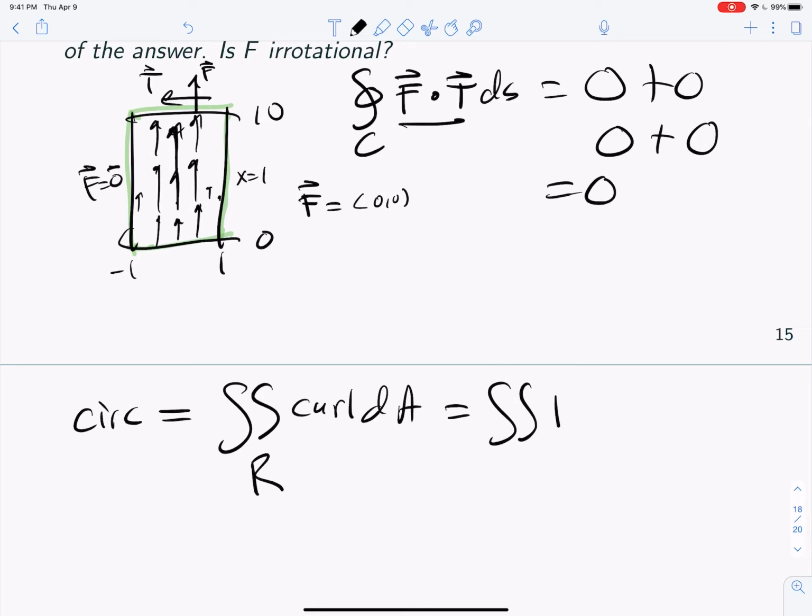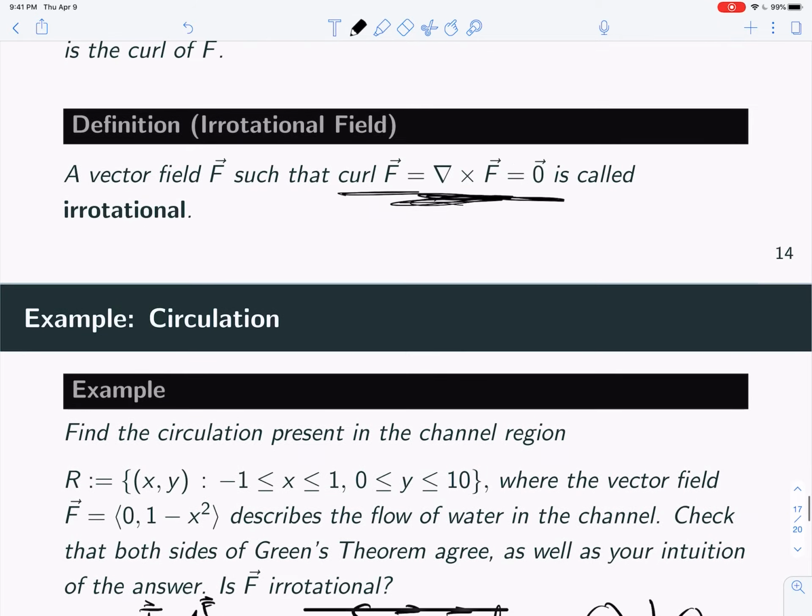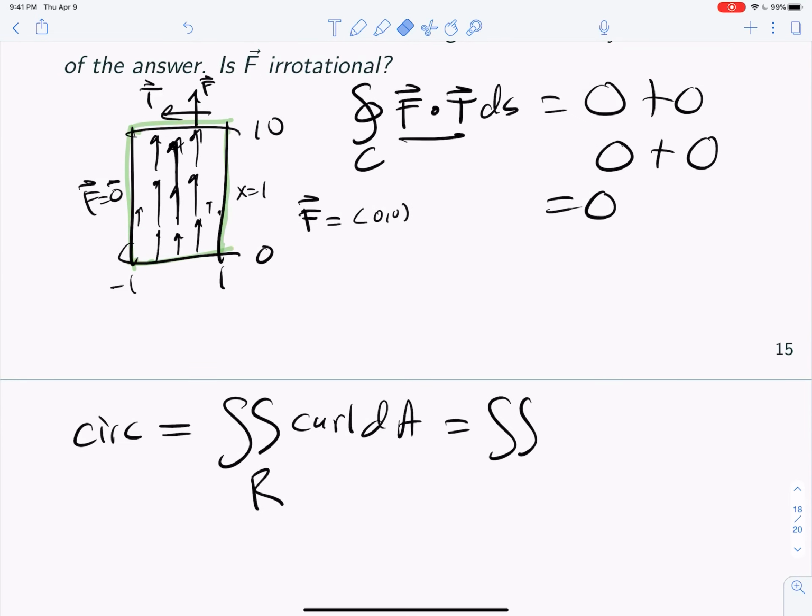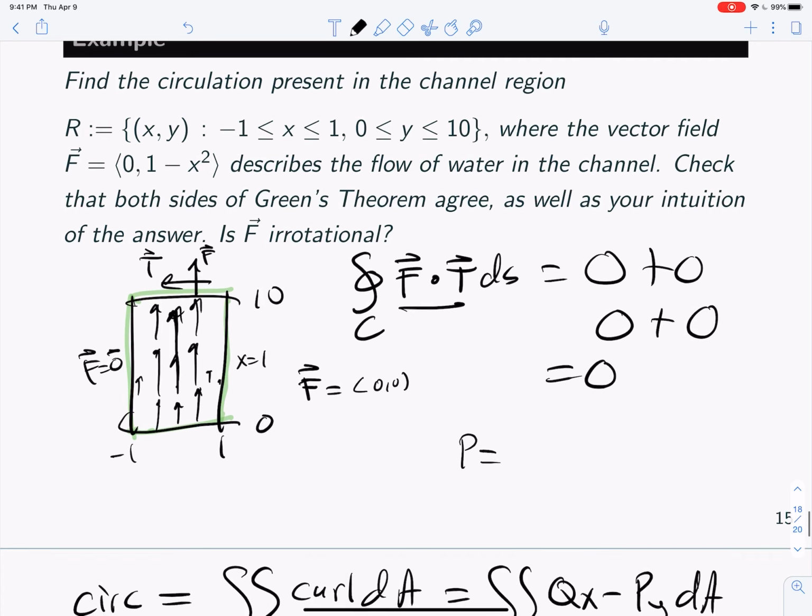Well, it was QX minus PY, dA. Okay, so what was the vector field? P is 0. Well, that's easy. And Q is 1 minus x squared.